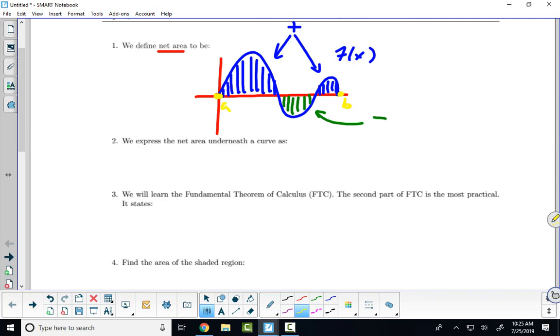So we've got this x value A and this x value B. The notation that we're going to use is we're going to say that the integral, the net area, is equal to the integral from A to B of f of x dx. That's the notation that we're going to use. Does that notation look familiar?